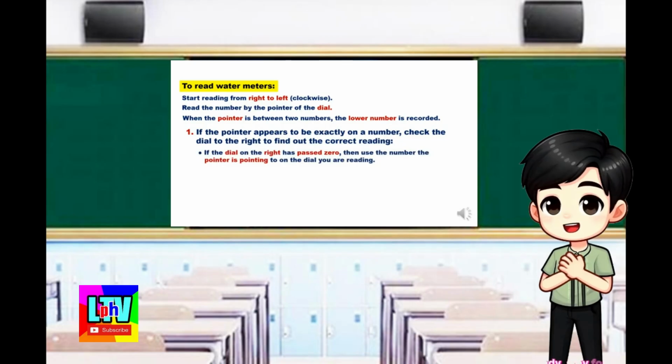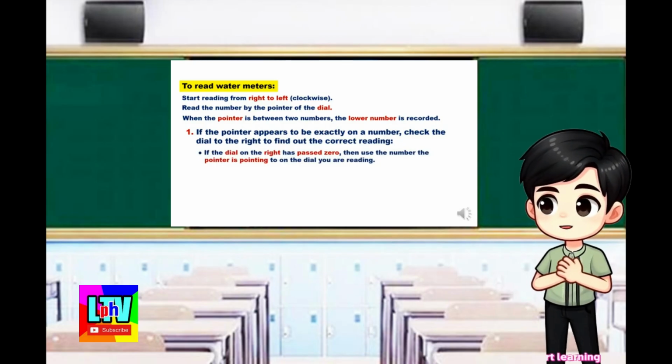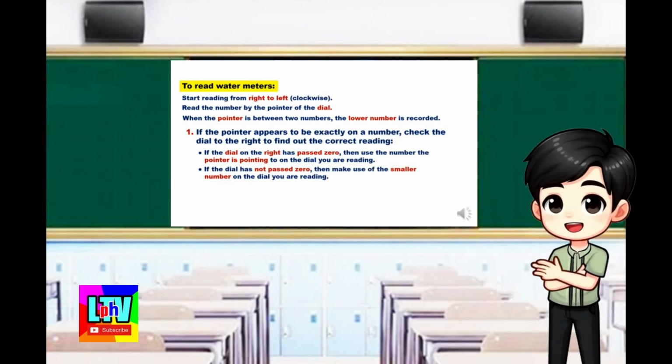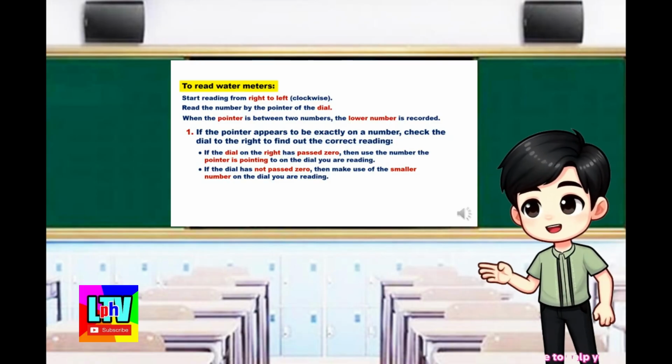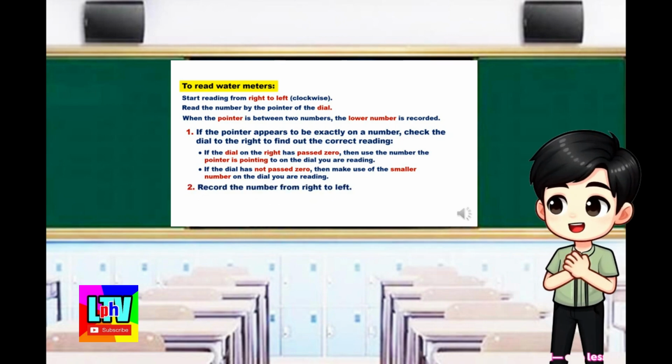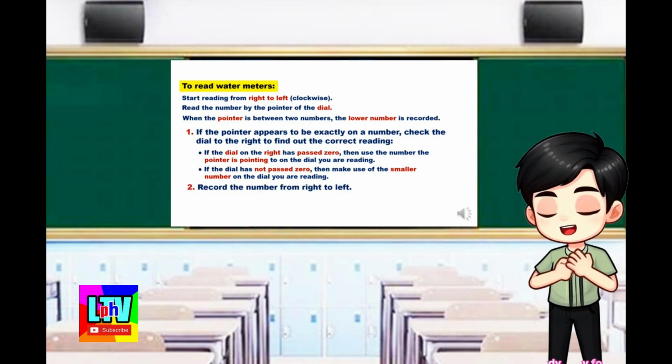If the dial on the right has passed 0, then use the number the pointer is pointing to on the dial you are reading. If the dial has not passed 0, then make use of the smaller number on the dial you are reading. Record the number from right to left.